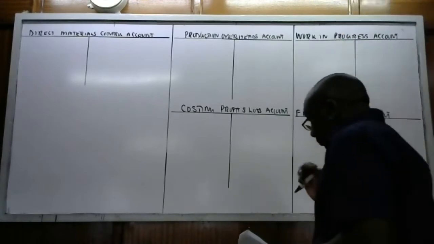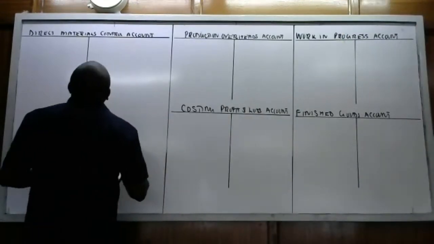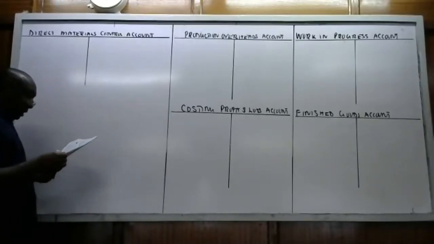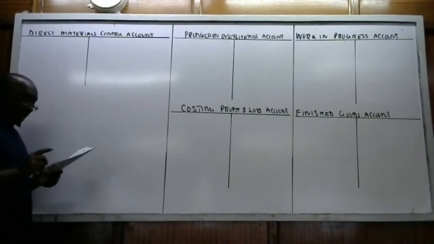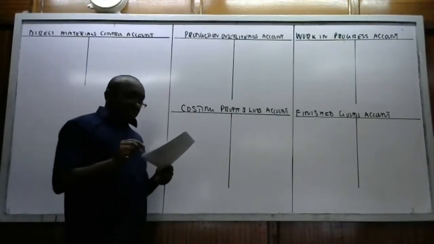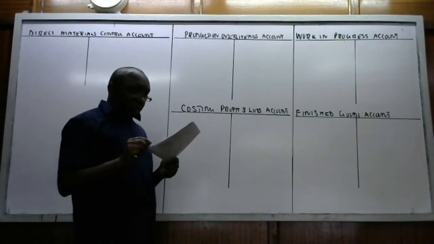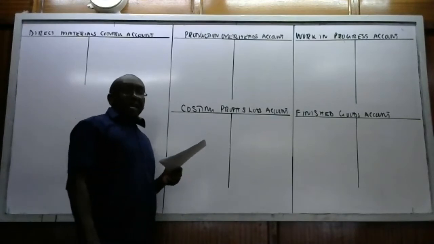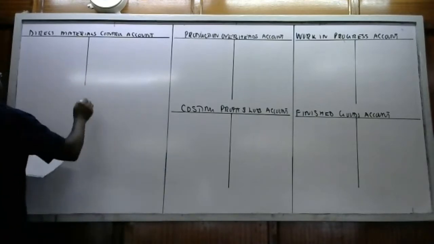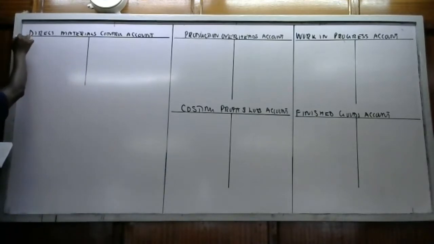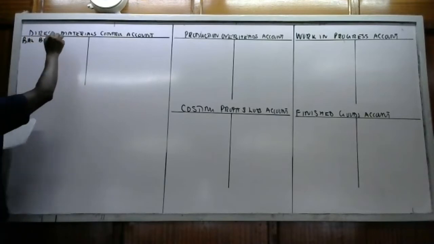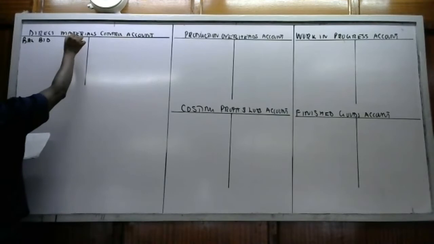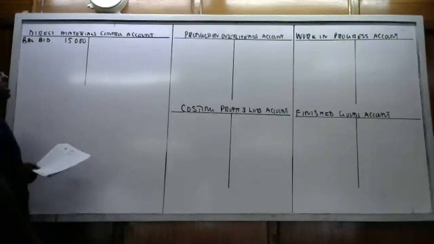Okay. Let's start the working. So to answer for additional information, where we are told, as at 1st of October, the opening balances for the cost ledgers were as follows. So direct materials, which is an asset, balance brought down is 15,000.